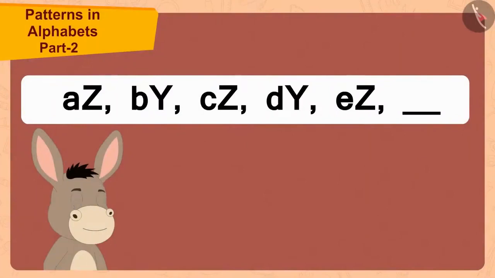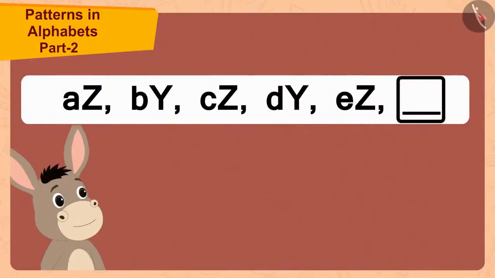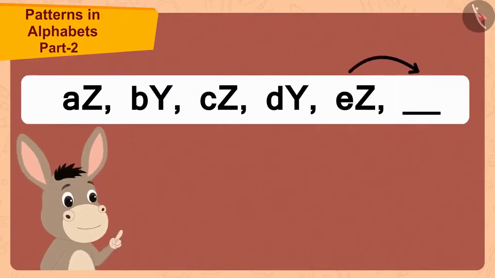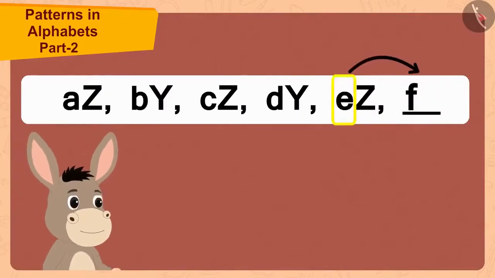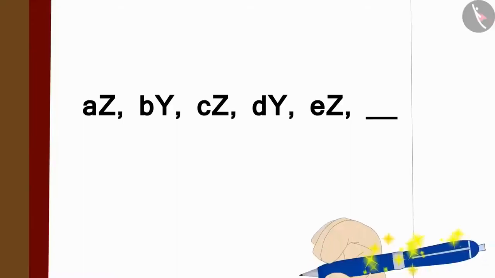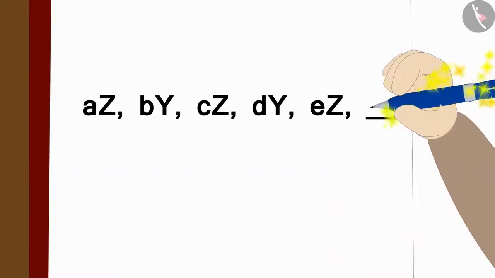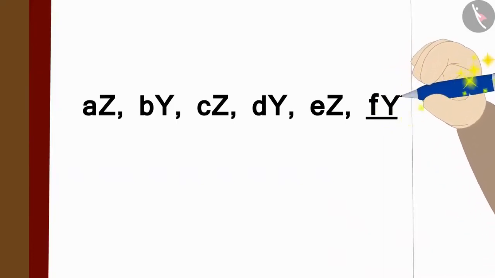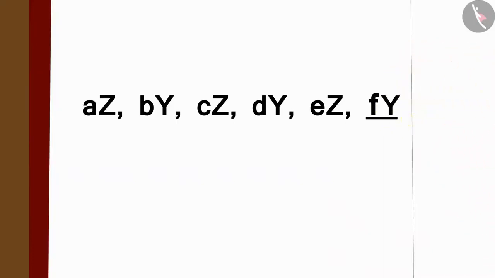So, the next two letters in this pattern will have the smaller letter F next to E, and the capital letter will be Z followed by Y. Bhola quickly wrote these letters F, Y in the blank space from that magical pen.